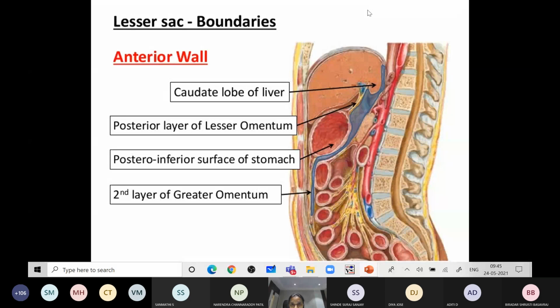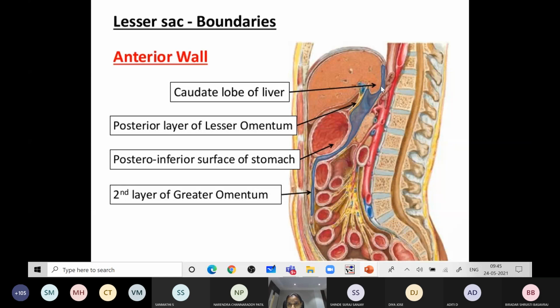Now the different walls, the boundaries. This is the anterior wall, from above downwards. It is formed by the peritoneum of the lesser sac, which descends from the diaphragm to the caudate lobe of the liver.